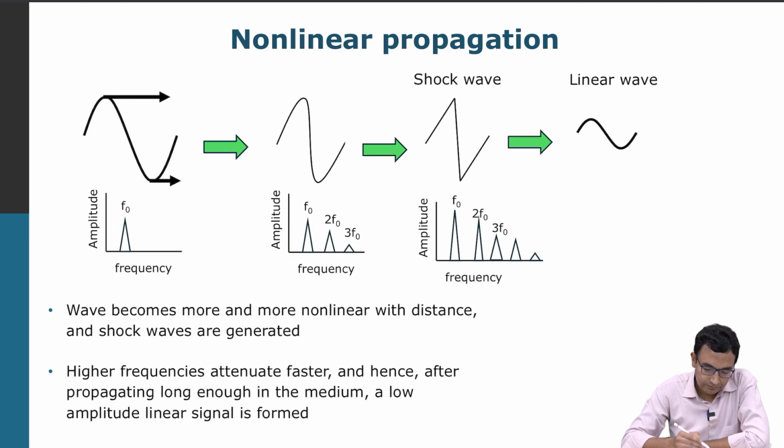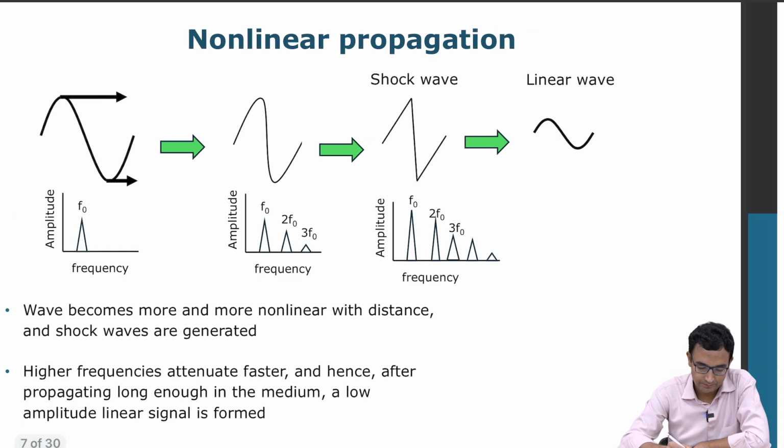However, these higher frequencies now start attenuating very fast. So because of that, after a while, even if you provide more input, you are not gonna get more output, right? And then the higher frequencies start attenuating. So if you move further and further, eventually all the higher frequency components die out, and you get back a wave which loses its harmonic components.